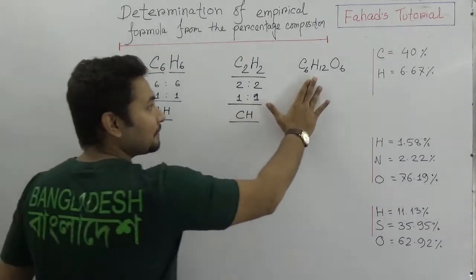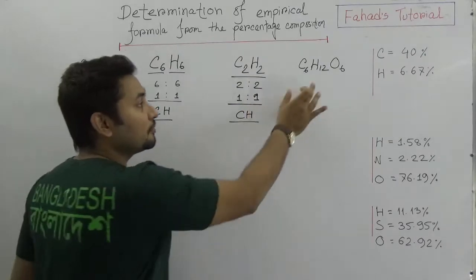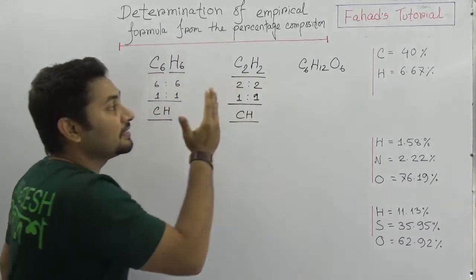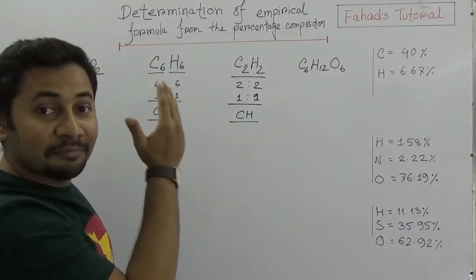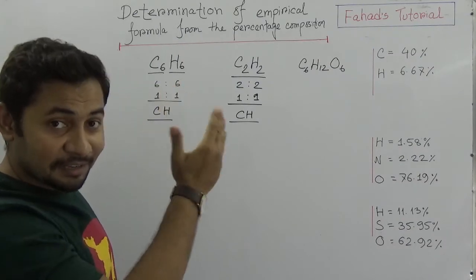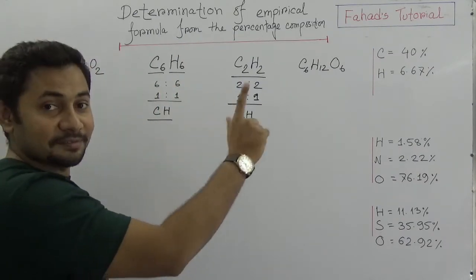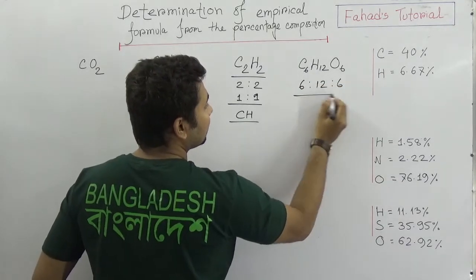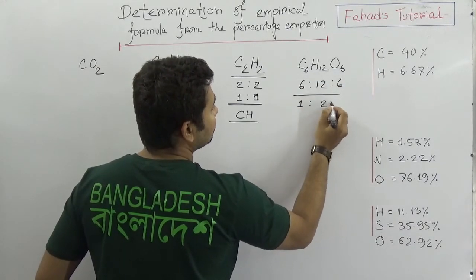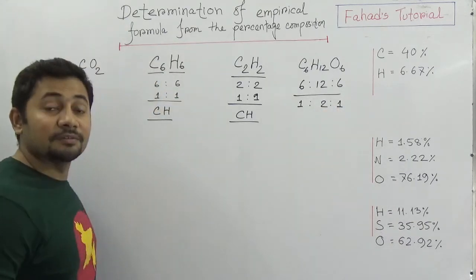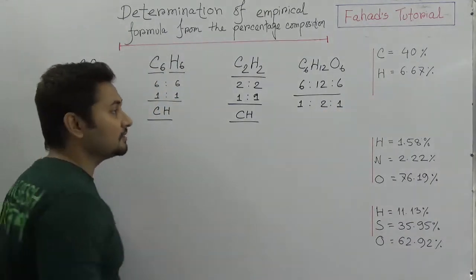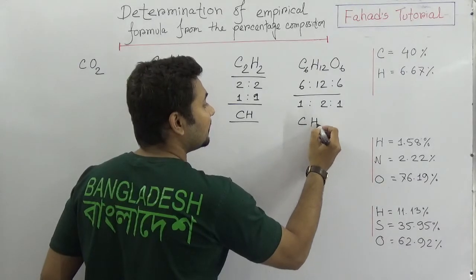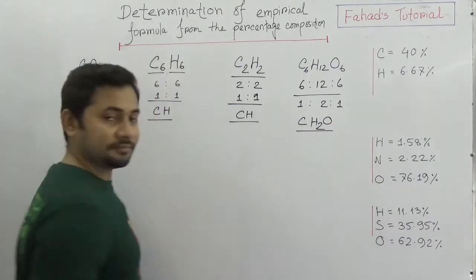But here, this is the formula of glucose, and the ratio of the number of atoms of the different elements is 6:12:6. That means you'll have 1:2:1. So the empirical formula of glucose is CH2O.